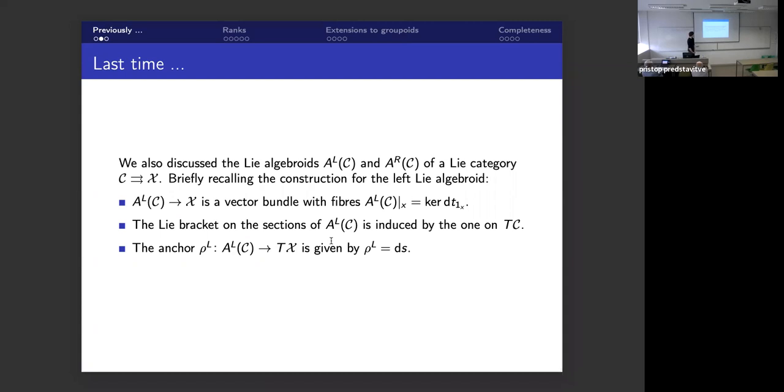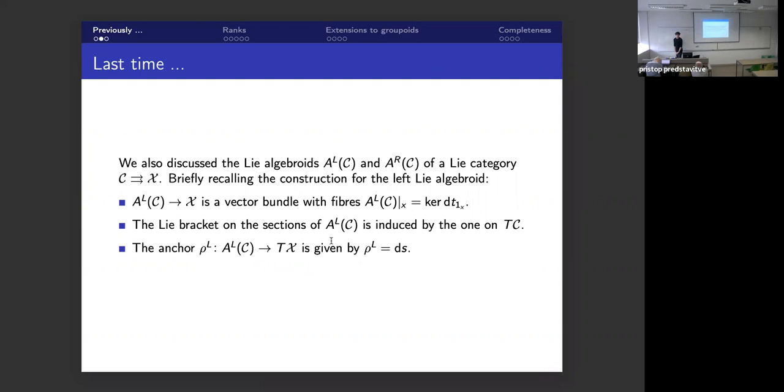The last piece of data that's missing is the anchor map, which is a certain morphism of vector bundles. It's a morphism from the algebroid in question to the tangent bundle of our object manifold. Of course, we already used one structure map, right? And this is the only choice that's left.